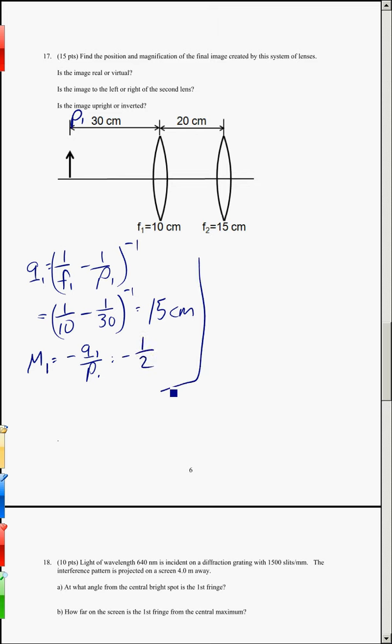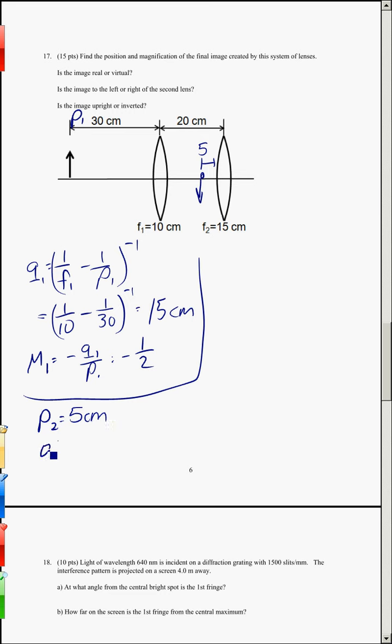Alright, so now my image is right here. It's half the original size of the object, so actually a little smaller than I've drawn it, and it's going to be 5 centimeters from the second lens. So that's going to be my P2, equal to 5 centimeters.